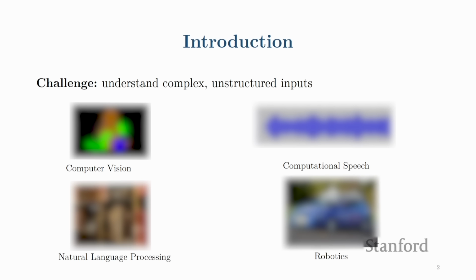In a lot of these settings, the fundamental challenge is to make sense of some complex, high-dimensional signal or object, like an image, a speech signal, a sequence of tokens, or a sequence of characters written in some language.